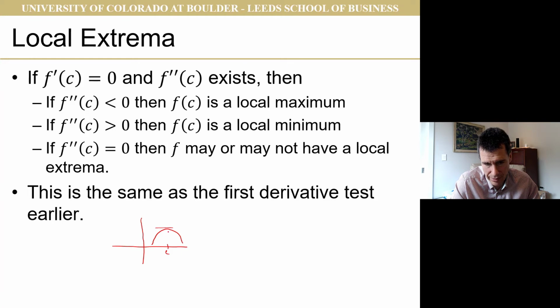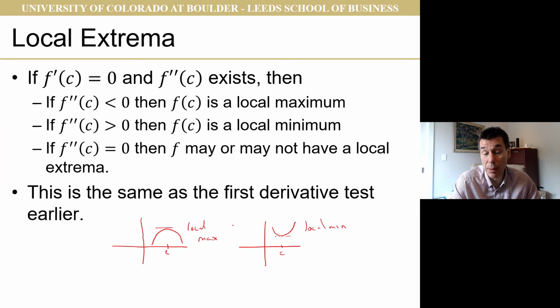Concave down looks like this, must be a local max. So here's c, here's our function, f prime of c equals 0, so the function is horizontal. f double prime of c is bigger than 0, it's concave up. This must be a local min, and this must be a local max.